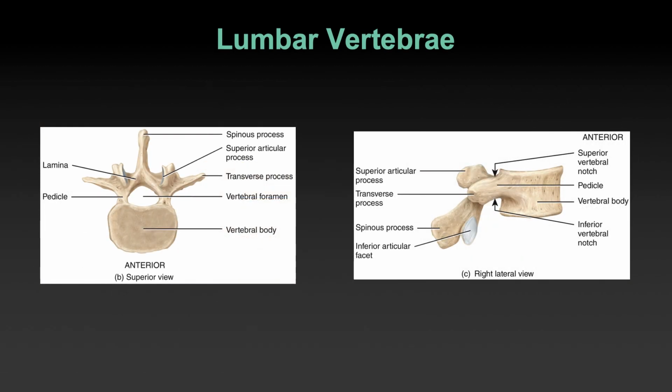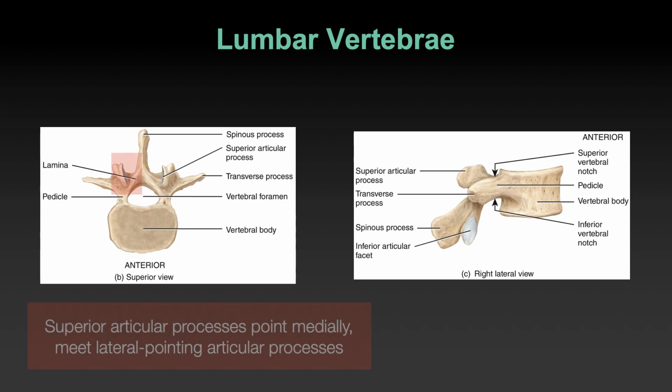One thing that will help is if you take one lumbar vertebra and you look at it independently, if you've been keeping track as you've gone down the vertebral column, the articular processes have been pointing backwards, pointing posteriorly. All of a sudden, at the lumbar vertebrae, they point medial.